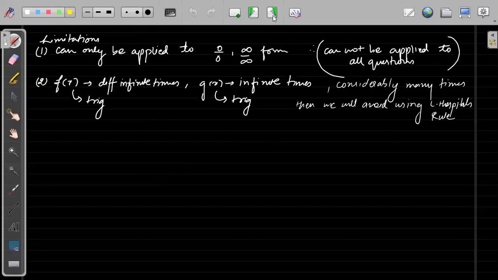Now we will solve a few questions based on L'Hopital's rule, but we will also solve questions based on other forms.